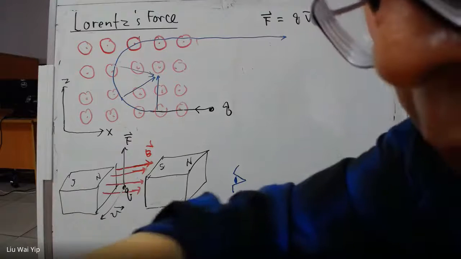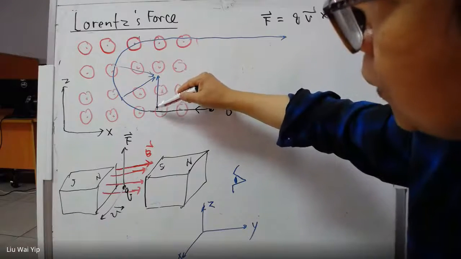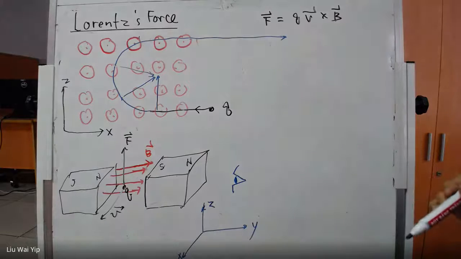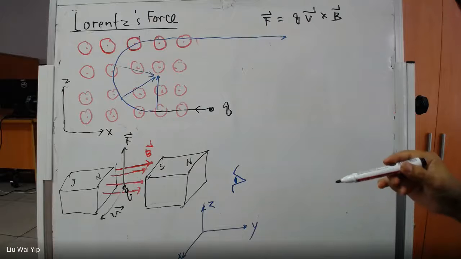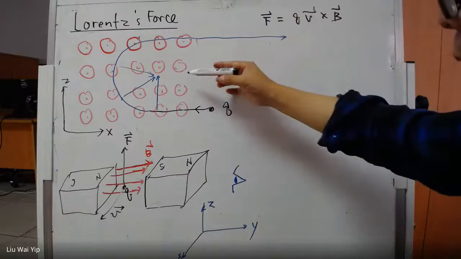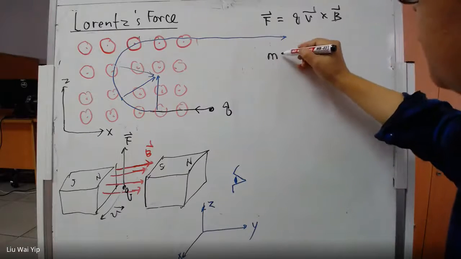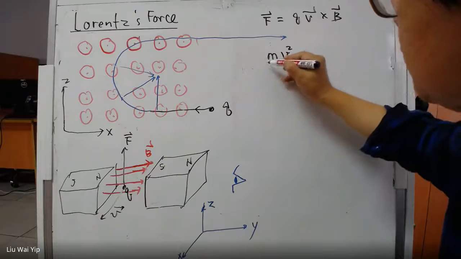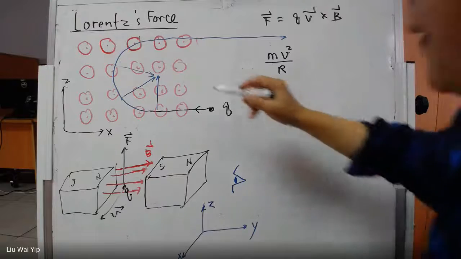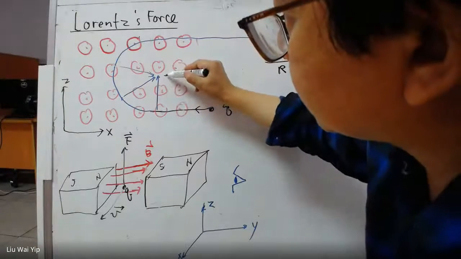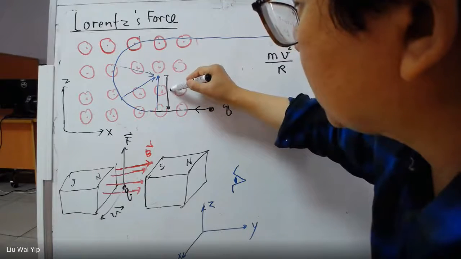By Newton's law, the force pulling the particle towards the center is the so-called centripetal force. It is given by mass times v squared over r. R is the radius of this circular locus.